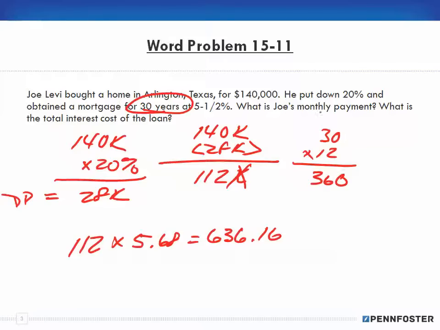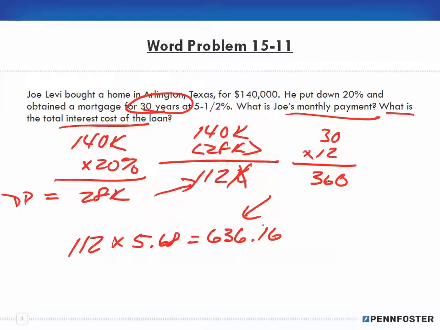Okay, so the question had asked, what is our monthly payment? And our answer is $636.16. But now it's asking, what is our interest cost on the loan? So I have to find out how much I'm going to pay over the entire amount of the loan, and then subtract out how much we borrowed, which was the $112,000.